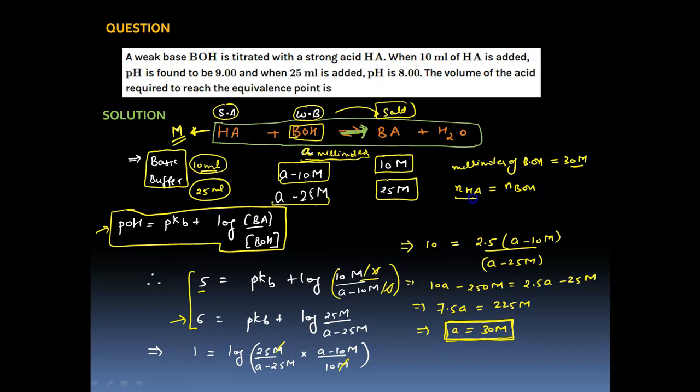Let us say the volume added is V. So V into M should be equal to the millimoles of base, which is 30M. M and M cancel, so V is equal to 30 ml. Therefore the answer for this question is 30 ml.